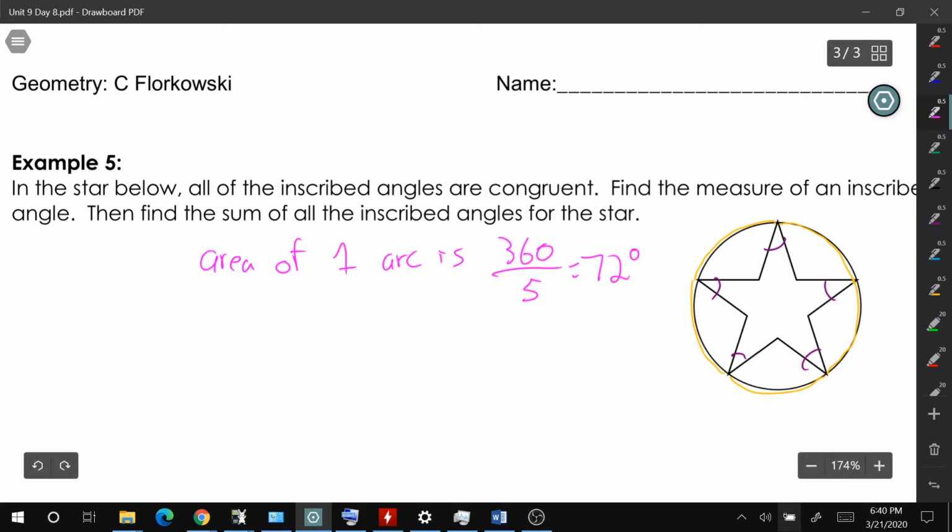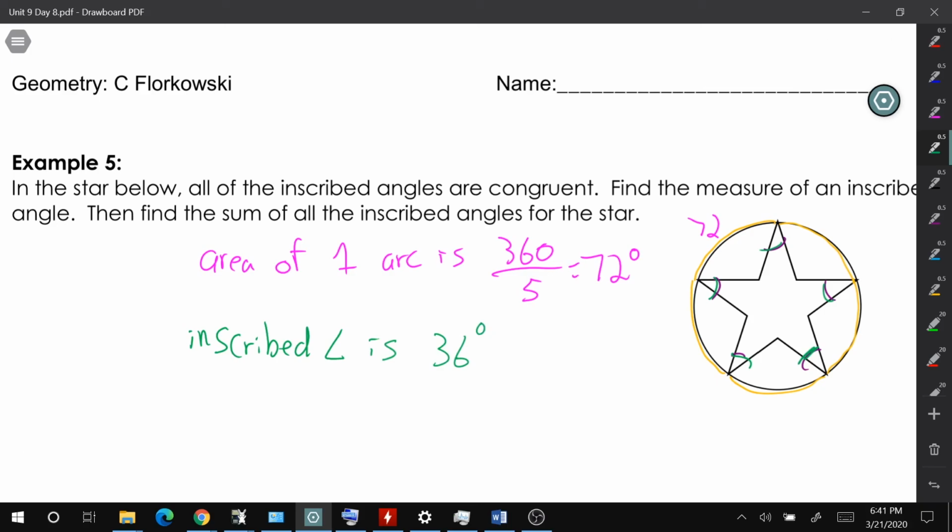So each one of these arcs is 72 degrees, which means the inscribed angles down here, each one of these is equal to half of that. So the inscribed angle is half of 72, which is 36 degrees.